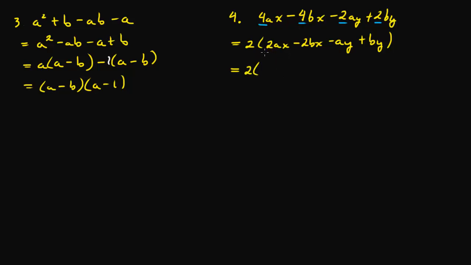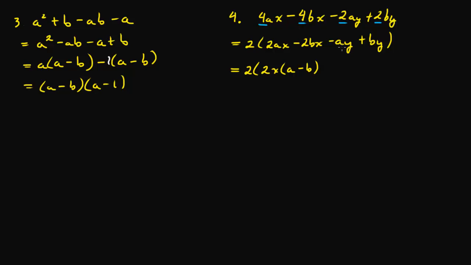Our first 2 terms have a common factor of 2x, so let's go ahead and factor that out. I have 2x times a minus b.